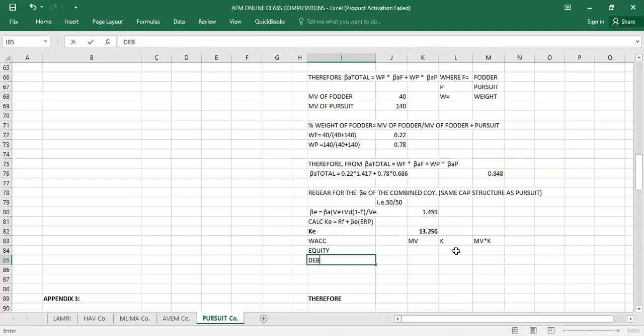Our market value of equity, they say 50-50%, Abi? It's 50-50, yes. It's in the question, how much the combined company can borrow at.